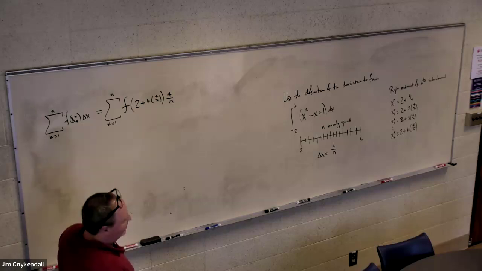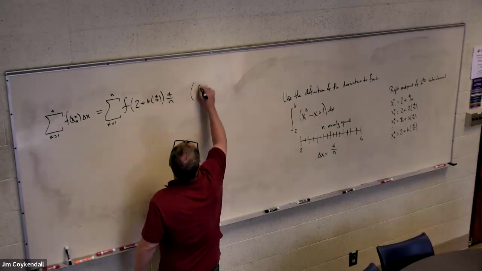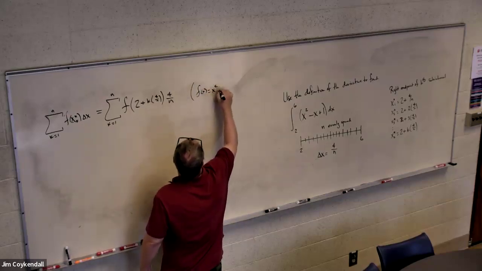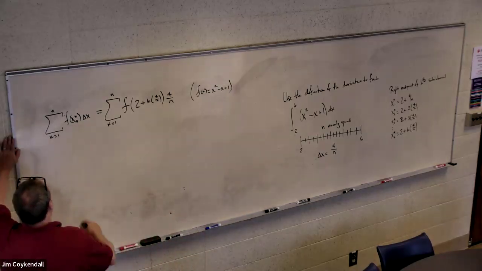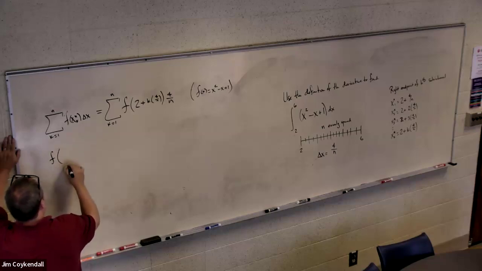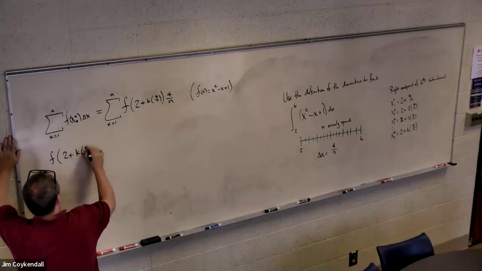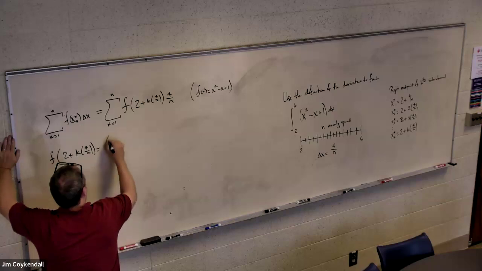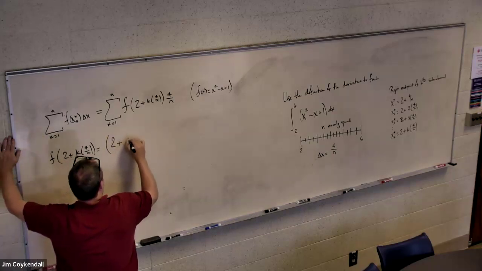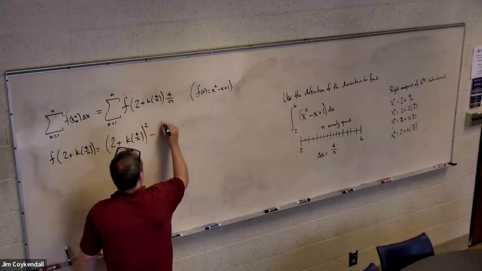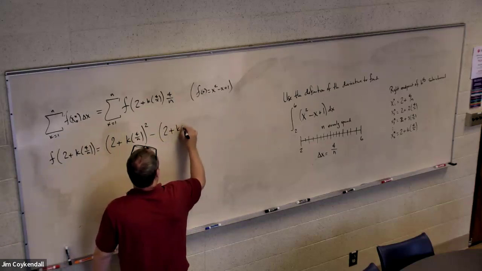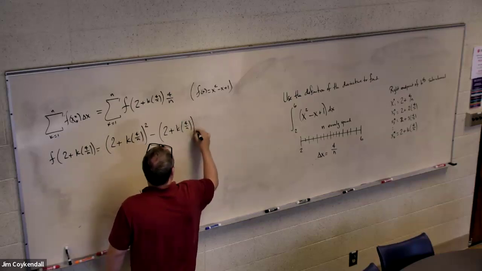Now, this is the unfortunate part. Now I've got to plug in the function. So what I'm going to do is plug this in. Square, that's minus 2 plus k.